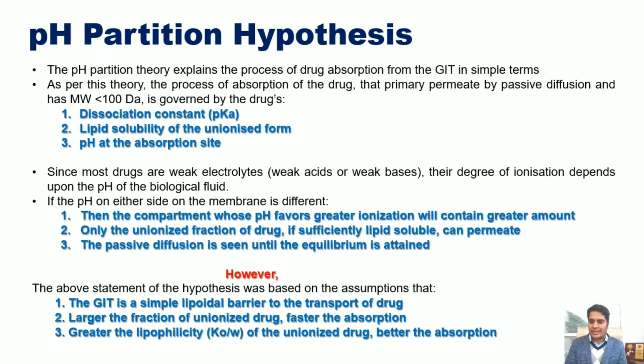So all these factors are considered, but these are associated with some limitations also. This theory fixes these parameters: that the GI tract is a simple lipoidal biological membrane, that only unionized drug will be absorbed, and that the lipophilicity should be high for better absorption. So these can be considered as constants as well as limitations.